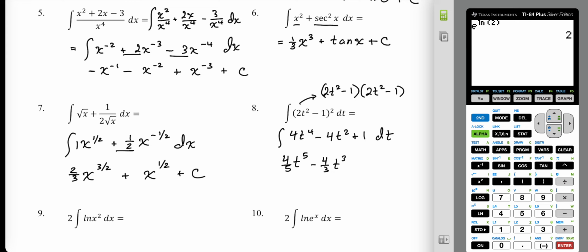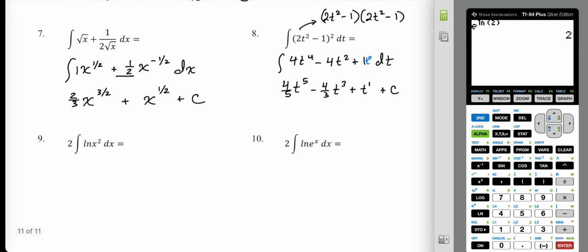It is a 1, so you could say it's a t, but I kind of alluded to this on the previous page, but I'll say it explicitly here. You can assume that it has a t to the 0th here, in which case you would increase your exponent by 1 and divide by the new exponent and still come up with the same result. All right, so it's a little bit of a justification for why that 1 becomes a t.